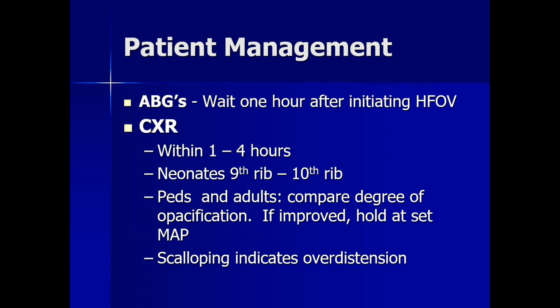So with neonates, you know that your setting for mean airway pressure is good if you see the diaphragm at the 9th to 10th rib.